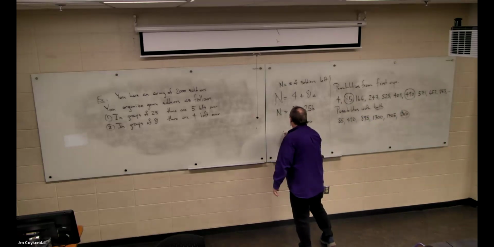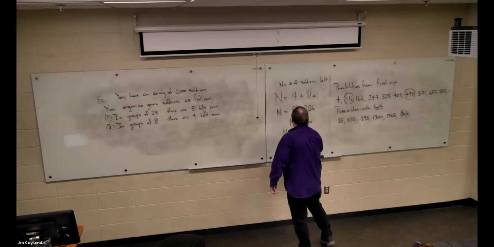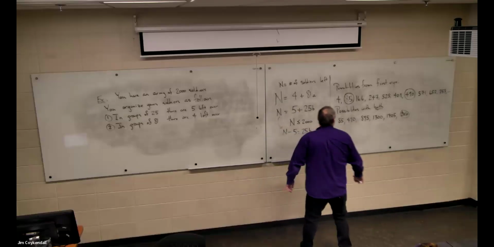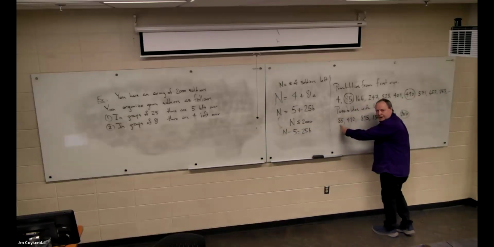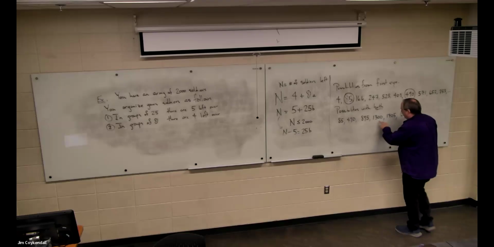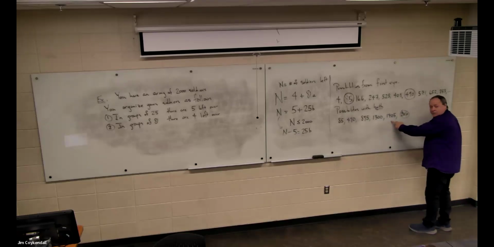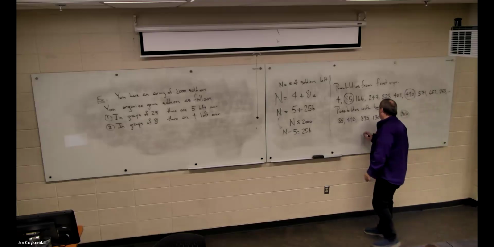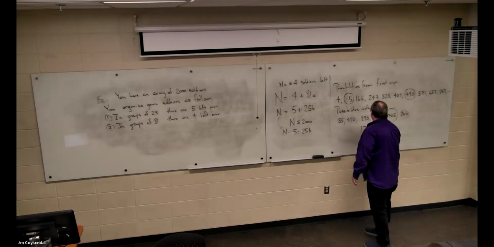It means that n minus 5 is a multiple of 25. When you subtract 5 from this, is it a multiple of 25? What about that one? 1,705 soldiers left.